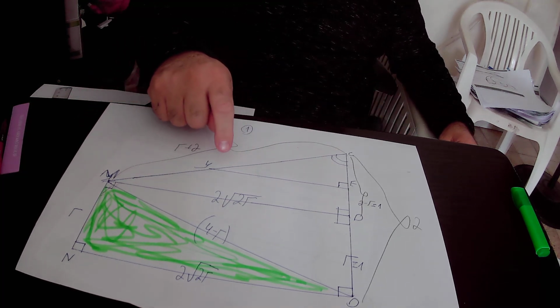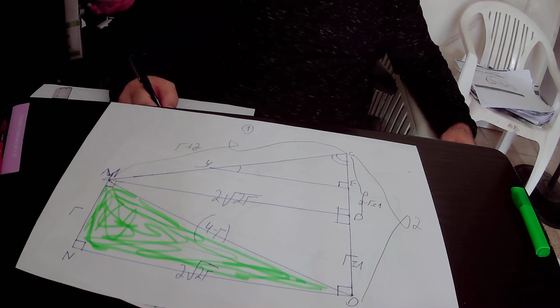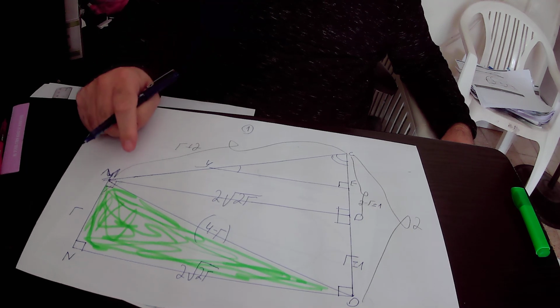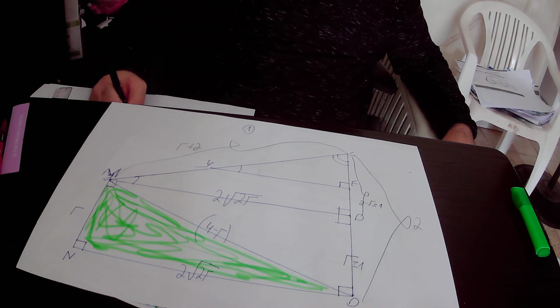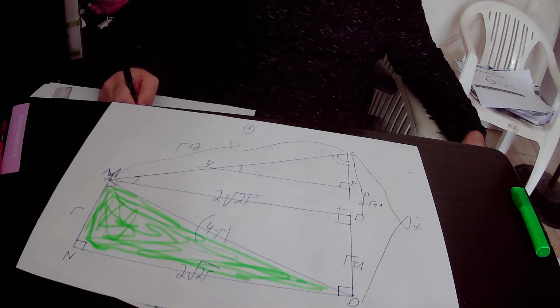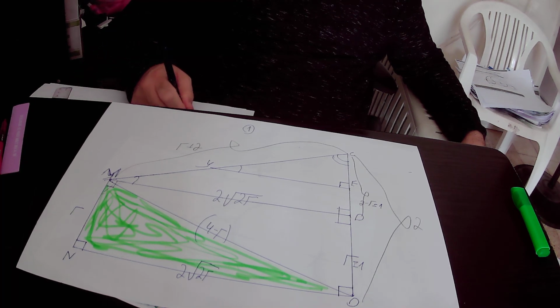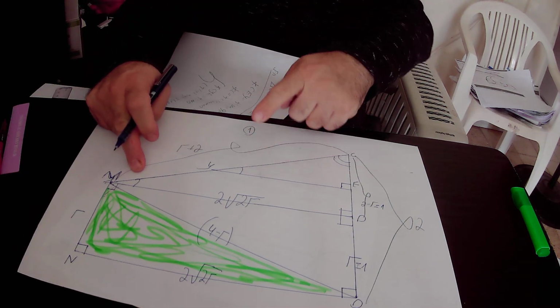So actually angle CYE, this angle, equals angle CMD, this angle, and they are equal to each other according to the third angle theorem.